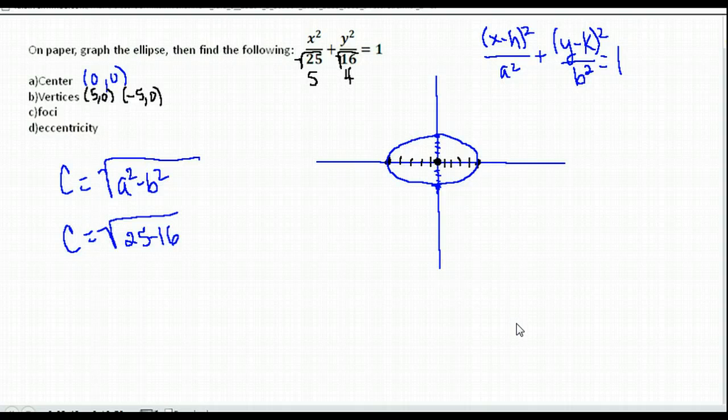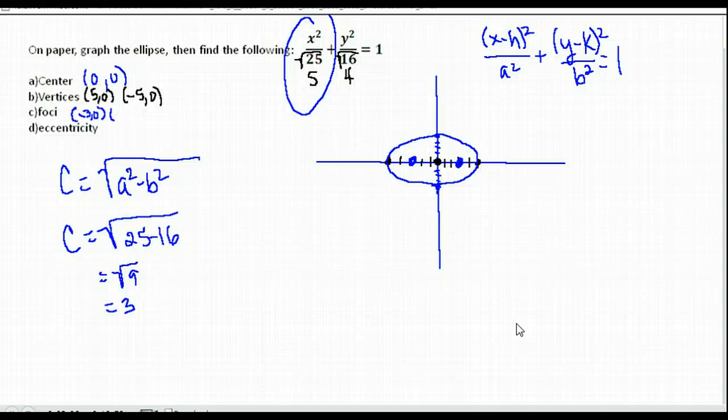And the square root of 9 is 3. So c is 3, and it's always going to be on the major axis. Okay, so whichever is larger, x or y. In this case, under the x was larger. So we're going to go in the direction of x. So 3 to the right and 3 to the left of the center for our focus points. So our foci, or our focus points, are at (-3, 0) and (3, 0).